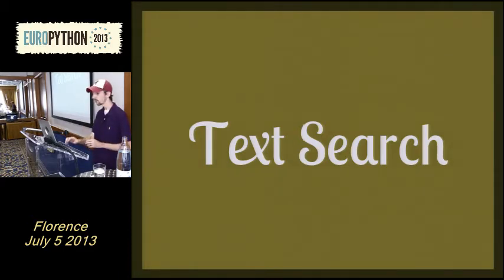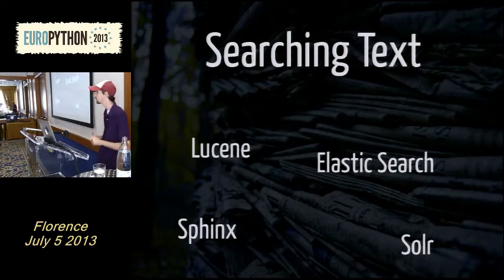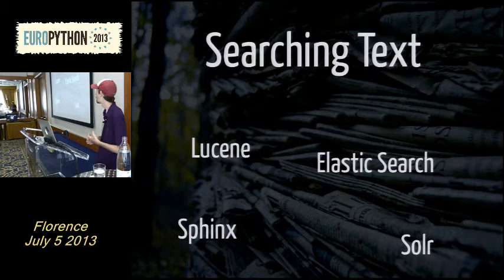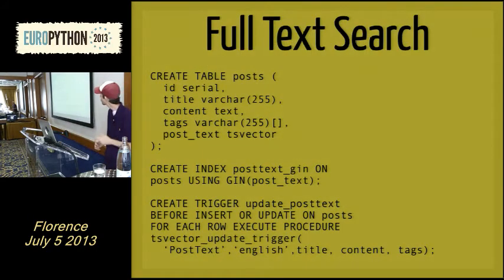Text search. So in most cases, people look at all of these options as soon as they need it. As soon as you need to search on large text documents, a lot of times, lately it seems to be Elasticsearch. Solr was popular for a little while. Both are good, but as you might expect, Postgres can work great as well. Postgres has built-in full-text search, and it can play well with Django.